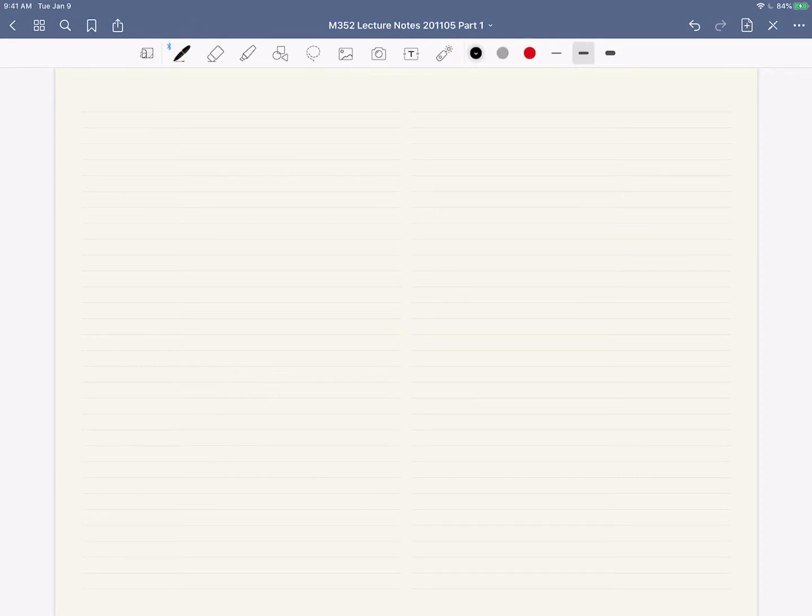So what estimators do we know about? Well, our favorite estimator is the sample mean. So let's talk about the sample mean. Let's let x be a random variable with mean mu. Then the sample mean is an estimate for the mean that works as follows.